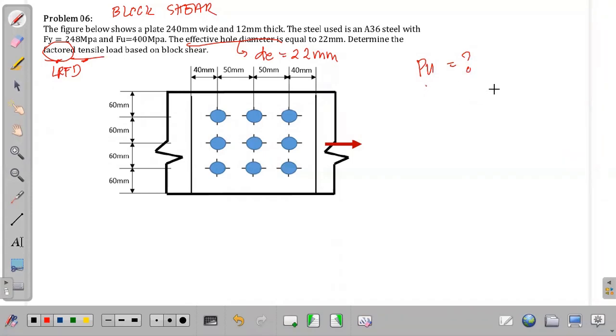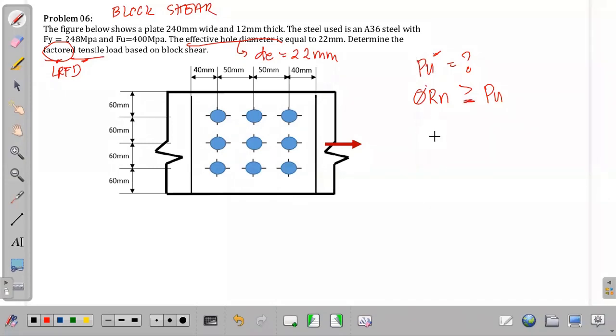Okay? And from the code specification, our design tensile strength is greater than or equal to the Pu, the ultimate or the factored tensile load. Okay?